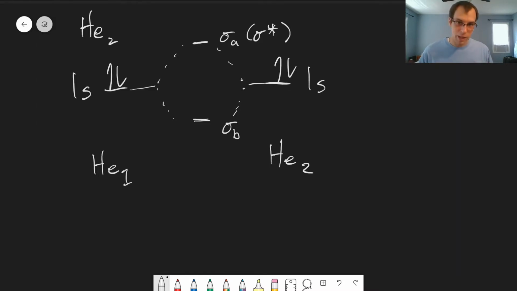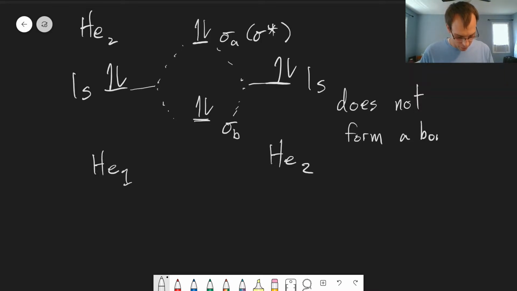If we fill in our electrons like we would for an atom, we put 2 electrons into the bonding orbital, and our other 2 electrons go into the anti-bonding orbital. Overall, helium dimer does not form a bond, because we don't have a net bonding effect between the two atoms: the electrons are in both a bonding and an anti-bonding orbital.